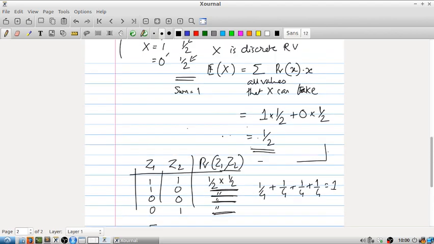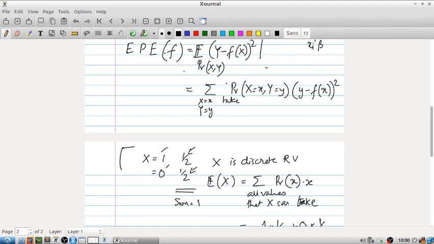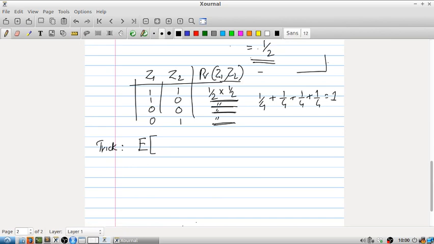If you see an expectation, typically for clarity you want to write what the expectation is being taken over. So for clarity I've written that the expectation is being taken over this particular joint distribution or density. Instead of writing P_XY there, I can also skip it and say X, Y. Those are the random variables. It's the same thing.